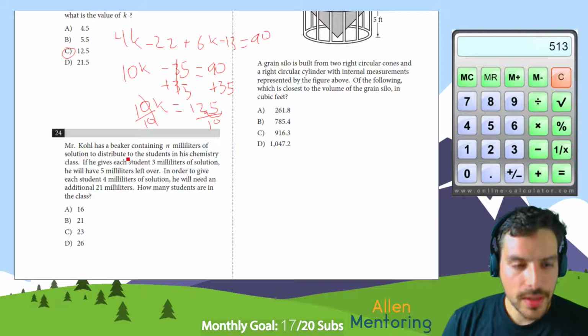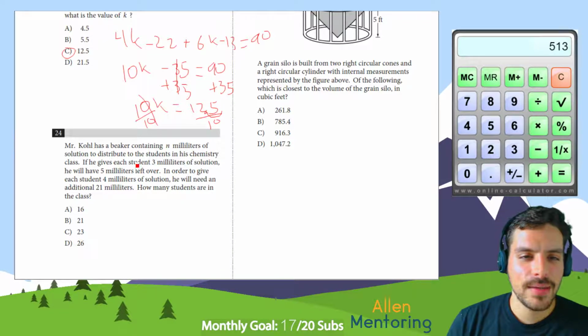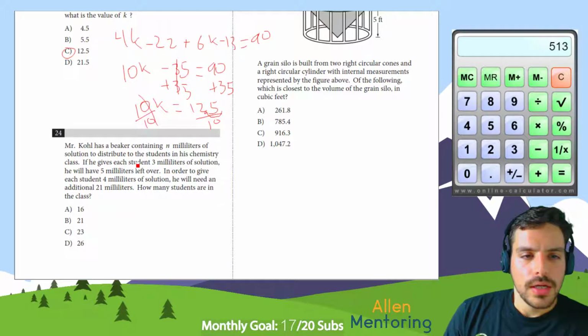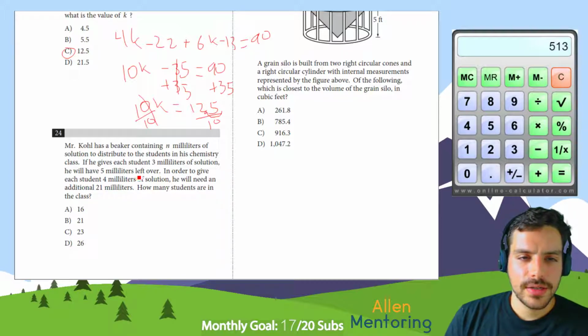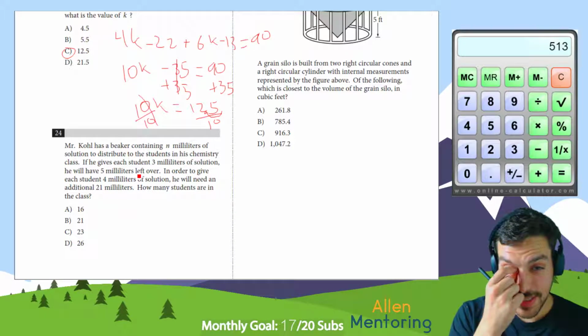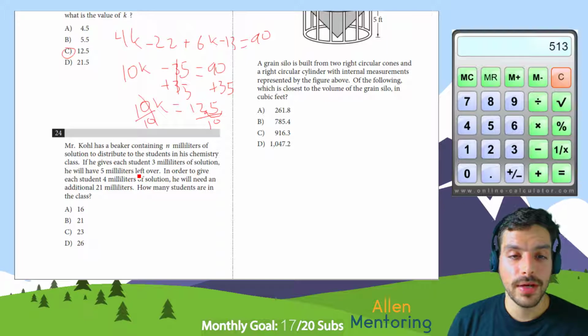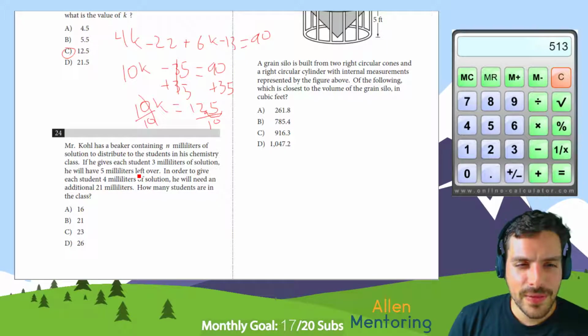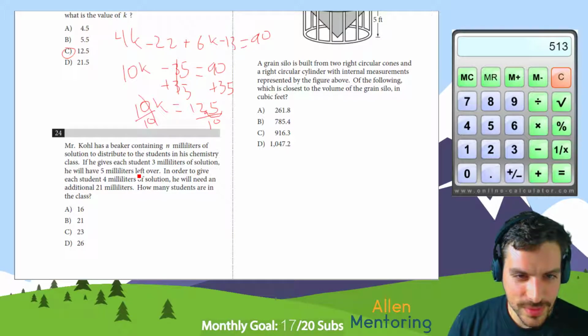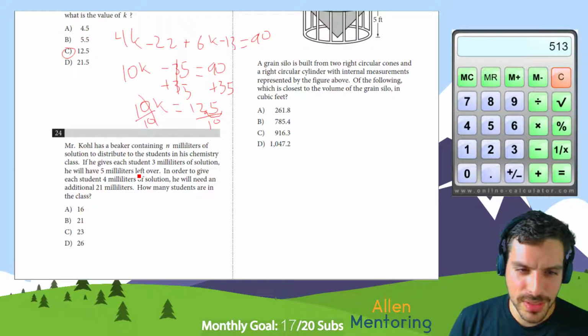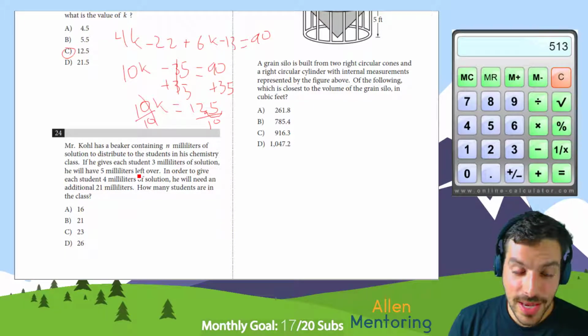So 24. Mr. Cole has a beaker containing n milliliters of solution to distribute to his students in his chemistry class. If he gives each student 3 milliliters of solution, he'll have 5 milliliters left over. In order to give each student 4 milliliters of solution, he'll need an additional 21 milliliters. How many students are in the class?